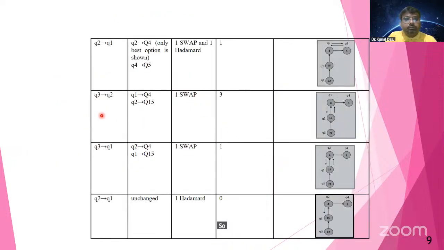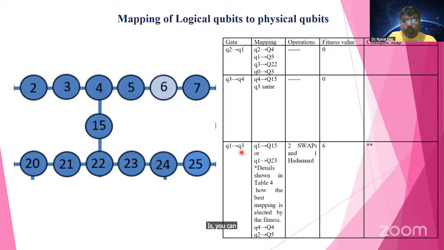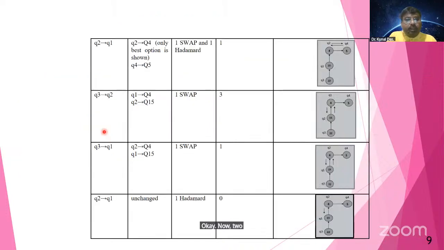So this is the case. You can see the Q1, Q3. Q1 is mapped to Q23, either it is 2-3 or 15. We have considered two cases. Okay. Now two cases are shown here.